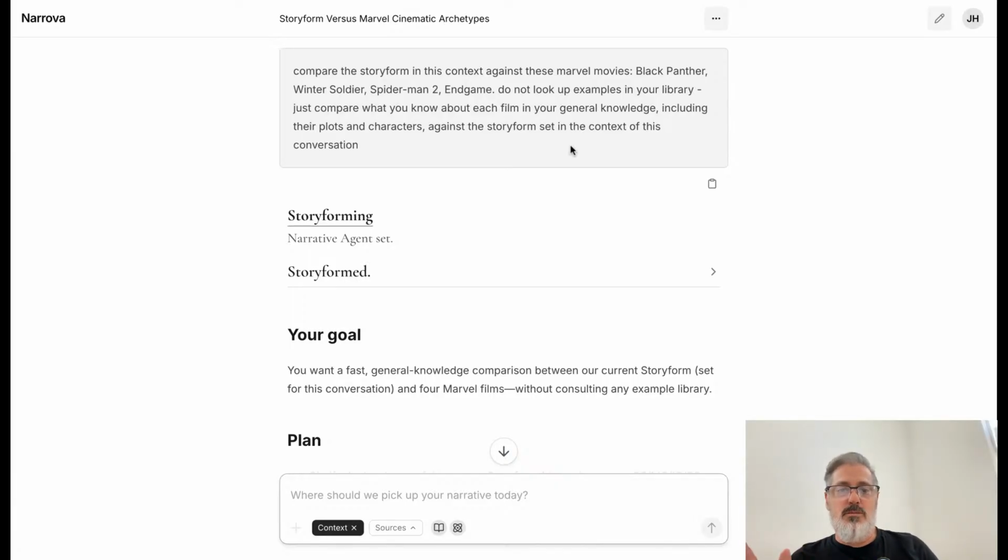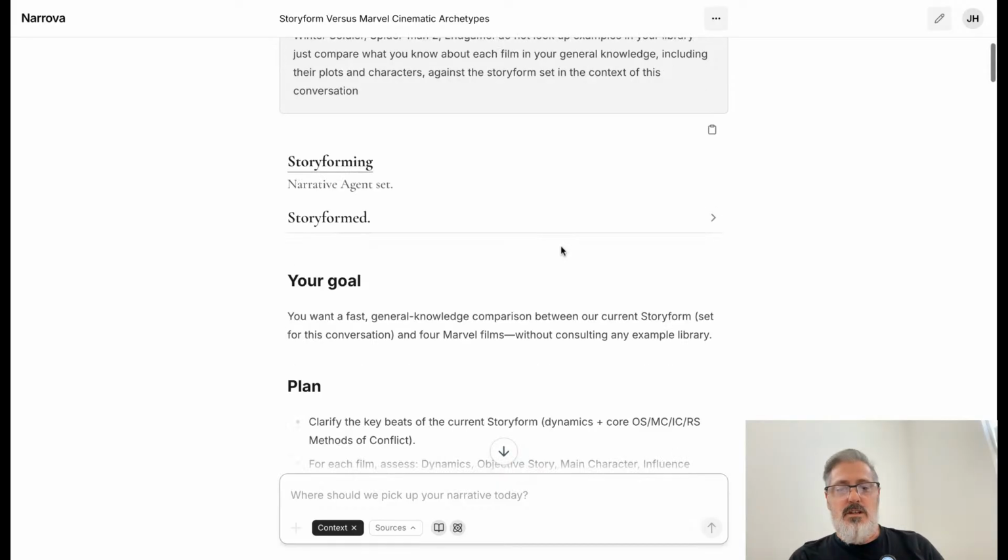And do not look up examples in your library, just compare what you know about each film in your general knowledge, like the AI. Include their plots and characters against the story form set in the context of this conversation.